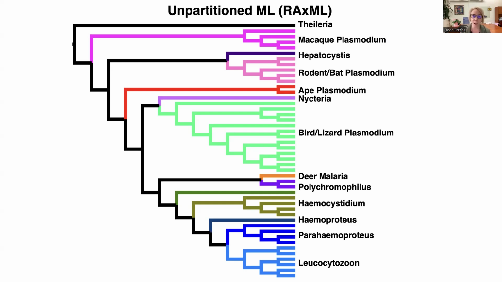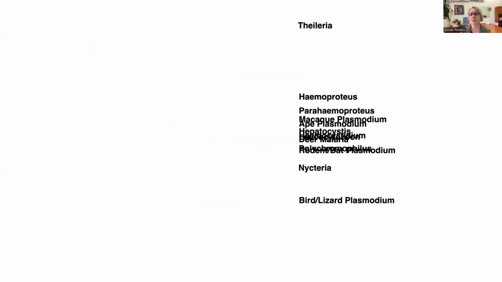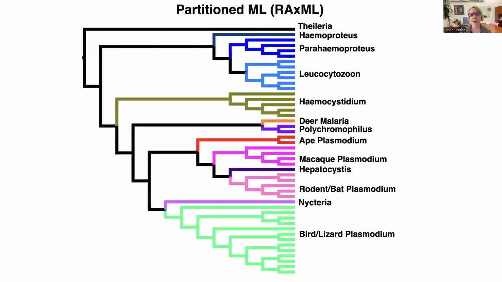And so when we applied better partition analysis, taking into account base composition biases, as well as codon position biases, this is what the tree looks like. And if you've been paying attention at home, this is pretty much the phylogeny that we've been observing overall, right?